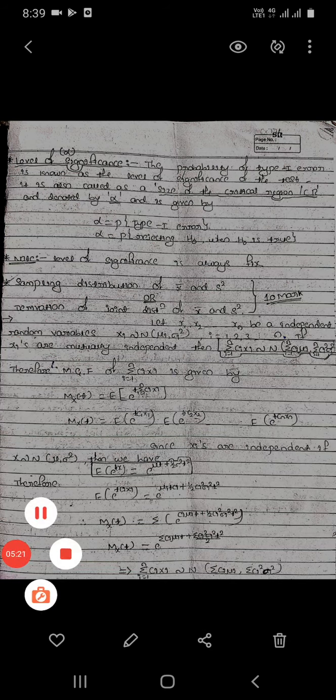ci xi, i is equal to 1 to n, follows normal with mean summation ci mu i, variance summation ci square sigma i square, i is equal to 1 to n. Therefore, mgf of summation ci xi is given by Mx(t), the notation of moment generating function.